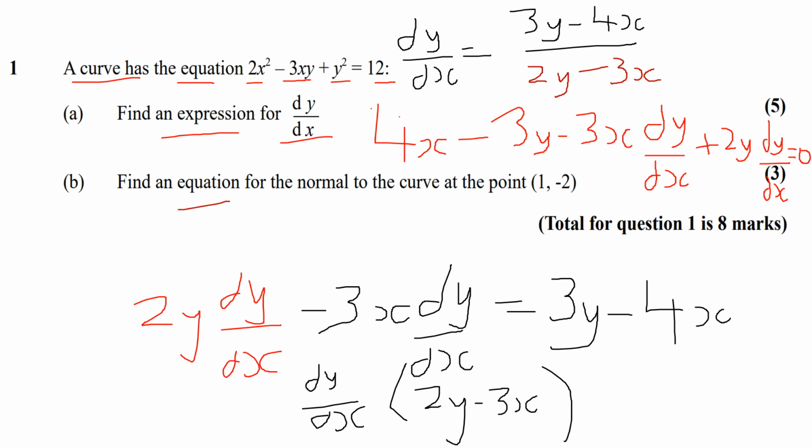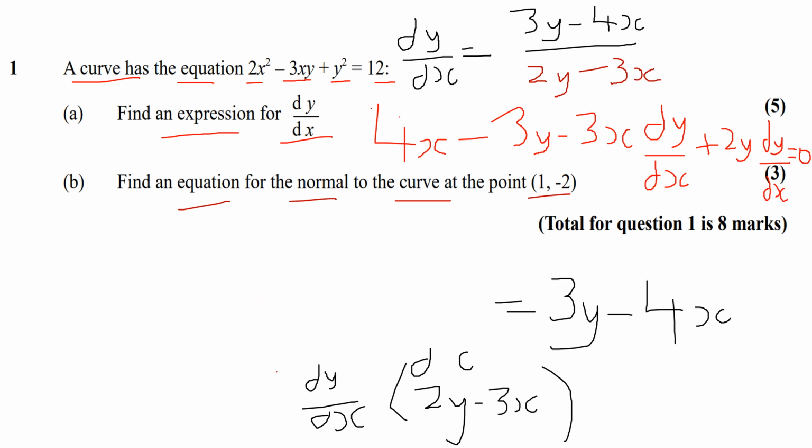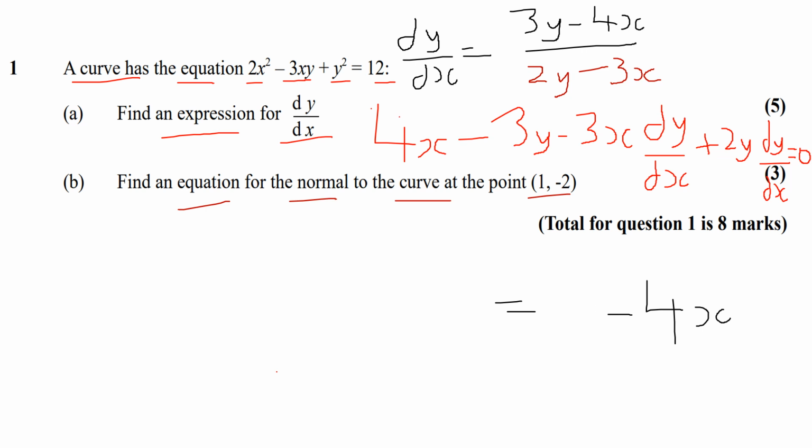What about part B? Find an equation for the normal to the curve at (1, -2). So I'm going to sub in x equals 1, y equals minus 2 into dy by dx to work out my tangent gradient. And then I'm going to do the negative reciprocal of that. So work out the value for m first. I'm going to have 3 times minus 2, so that'll be minus 6. Minus 4 times 1, that'll be minus 4.